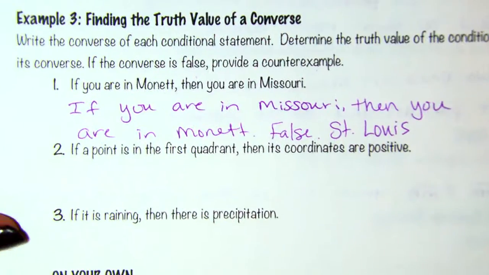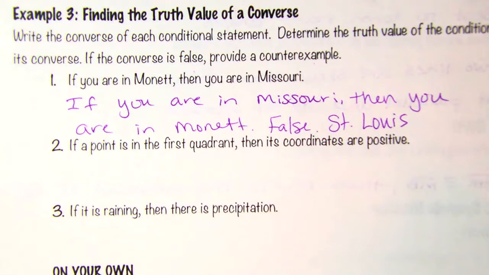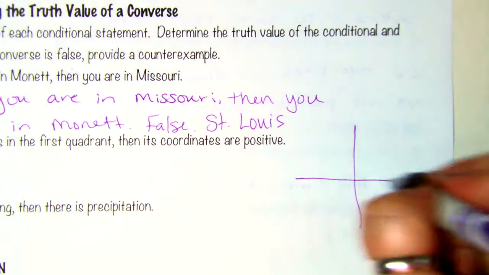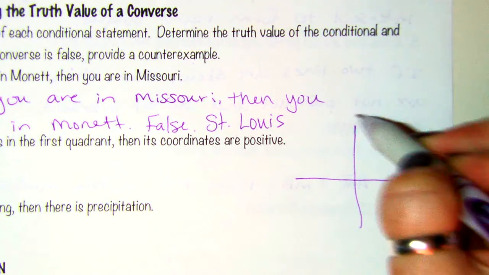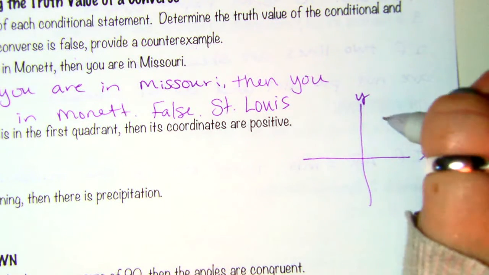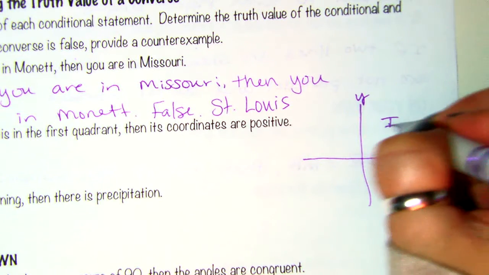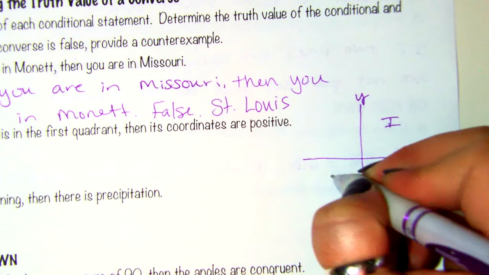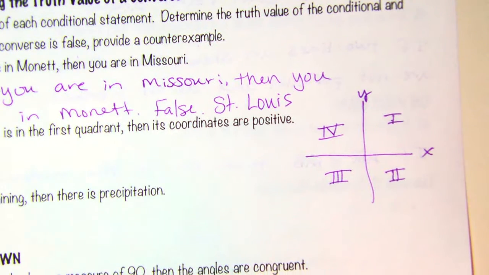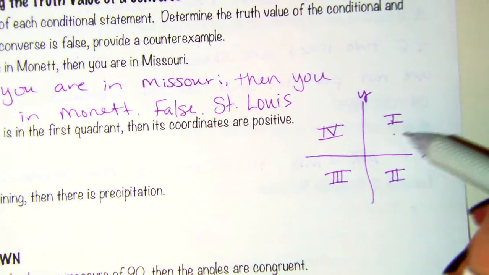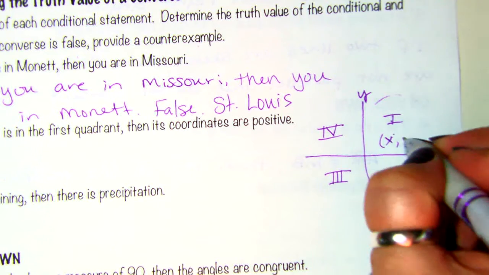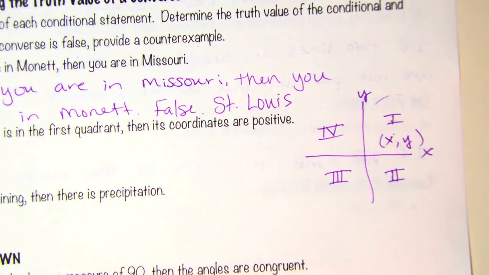Okay, number 2. If a point is in the first quadrant, so let me remind you what that means. So this is the X and the Y. So first quadrant is here. This is 1, this is 2, 3, 4. So if a point is in the first quadrant, which is over here, then its coordinates are positive. So that means all these points, X and the Y, they're all positive.